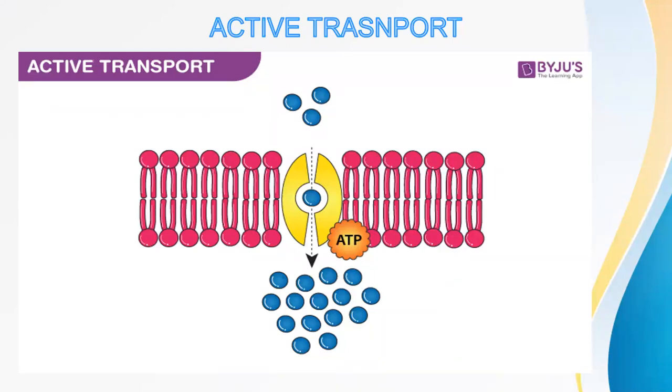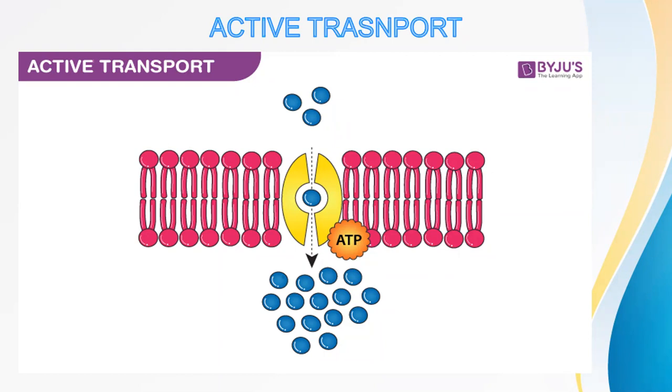Let's imagine there is a plasma membrane. In the plasma membrane, there are some active proteins. These active proteins bind with a molecule, whatever the molecule. For example, let's say a sugar molecule, or a sodium ion. So this sodium ion wants to enter inside of the cell.